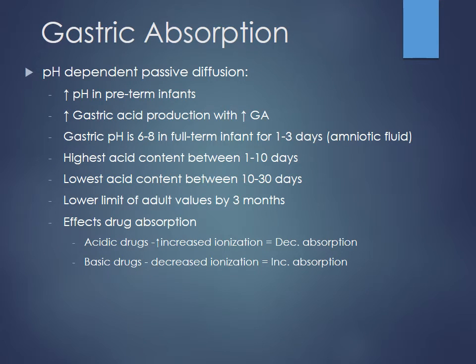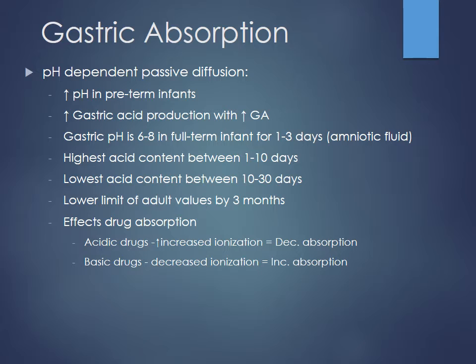So you'll see higher pHs, especially in preterm infants. The earlier they come out, the longer it takes for their GI tract to catch up and increase acid secretion. So the higher the gestational age, the more gastric acid secretion they're going to have. Usually the pH is going to be between something like 6 and 8 for the first few days, and again, that's due to the amniotic fluid they might have been swallowing during gestation.